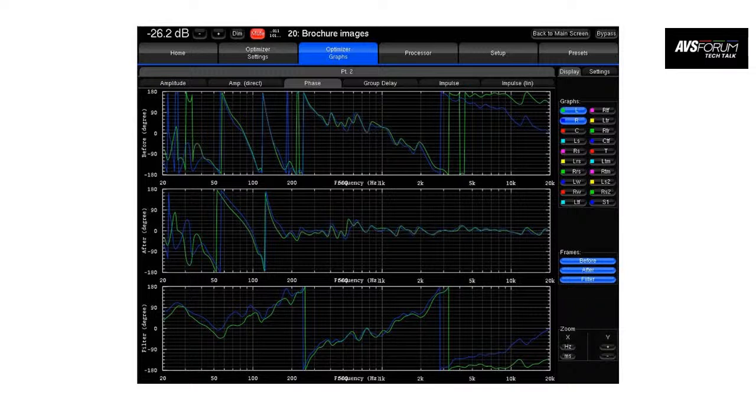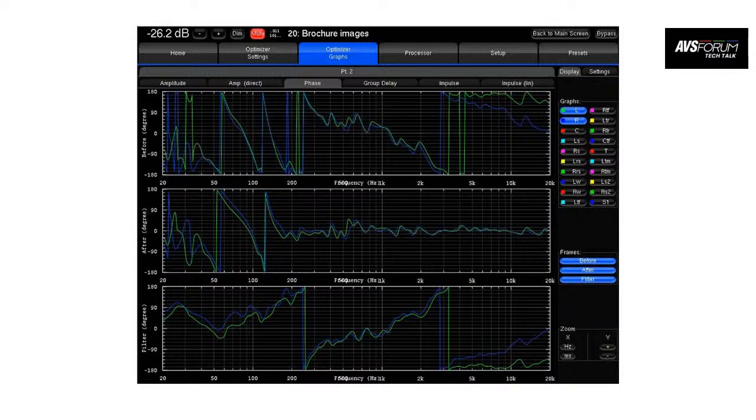This system is set up to correct for phase above about 150 cycles, so the lower frequencies aren't being addressed, but you can see with the center graph that the phase is much tighter, aligned within a few degrees across pretty much everything above about 150 cycles.